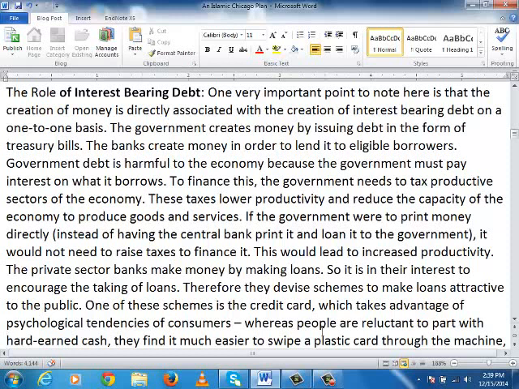So in the present system, what you are told and what is widely believed is that banks are financial intermediaries. What does this mean? It means that the people who have excess money put the money in the bank, and it is transferred to the people who have less than what they need.